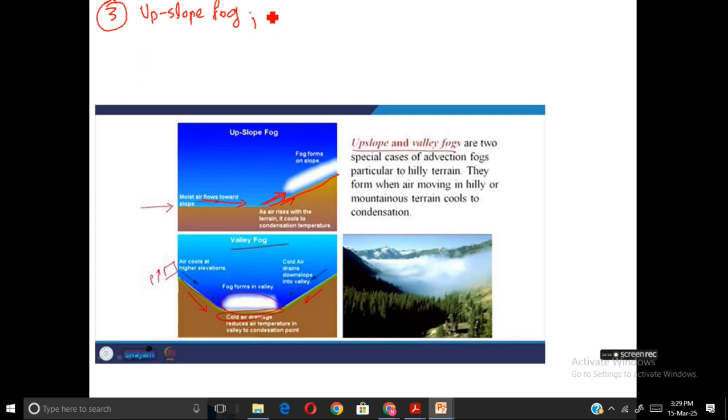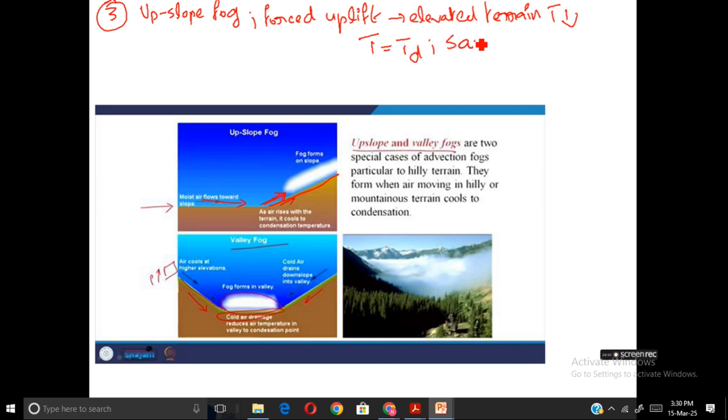So due to forced uplift over an elevated terrain, the temperature of the parcel becomes equal to the dew point temperature, and it saturates. That is upslope fog.